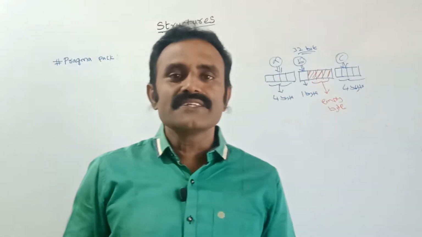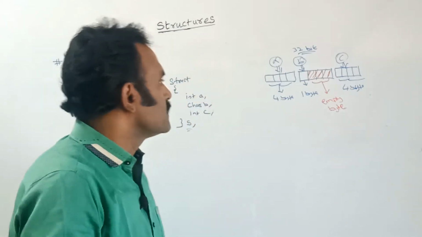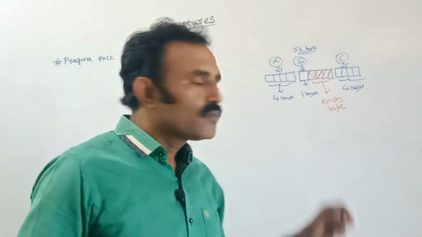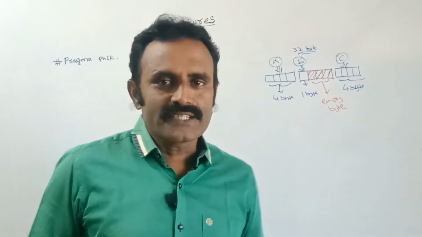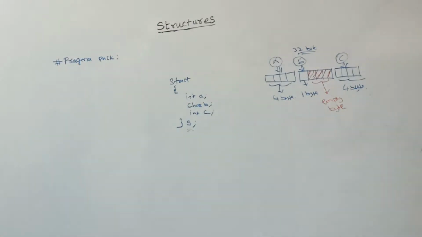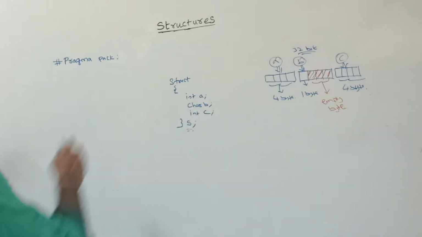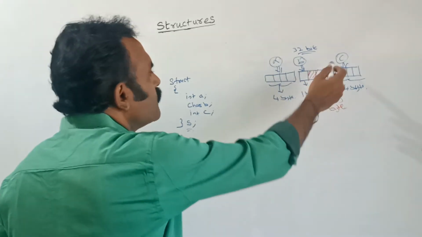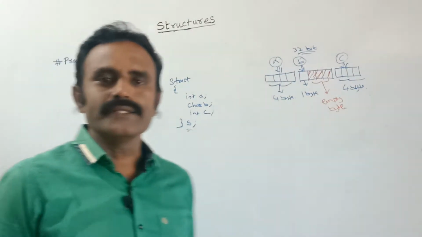Suppose we do not need this empty space. To prevent the memory wastage, there is one concept, that is Pragma pack. This pack concept is used to remove the empty bytes.